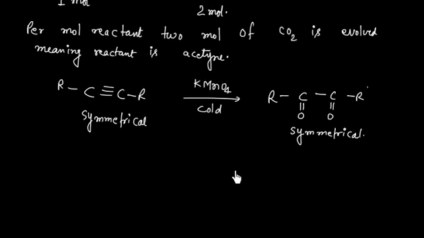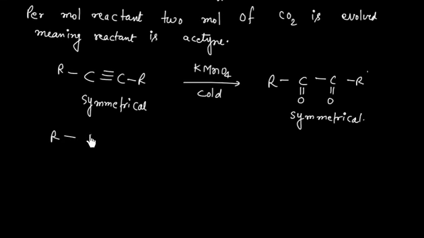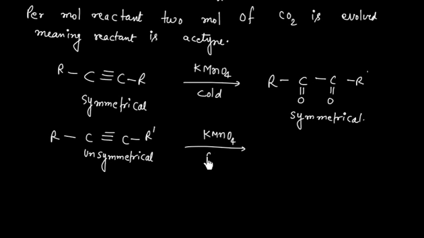Now the second thing we said, if I have an unsymmetrical alkyne, and if this is treated with cold KMnO4, it will form an unsymmetrical diketone.